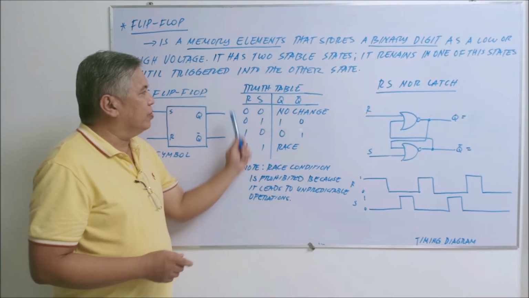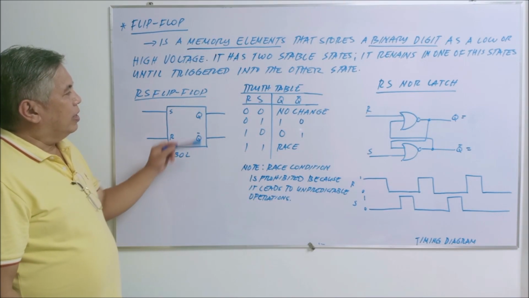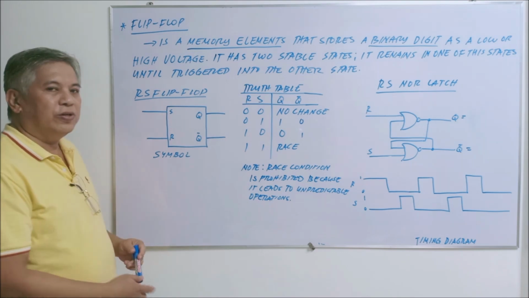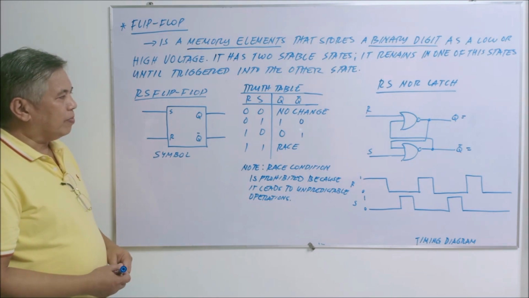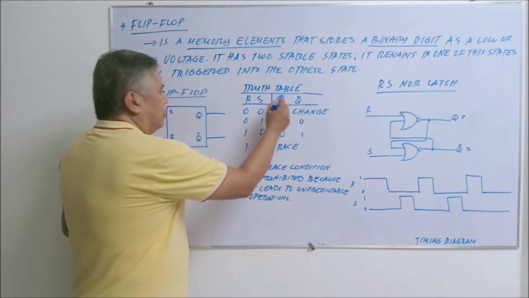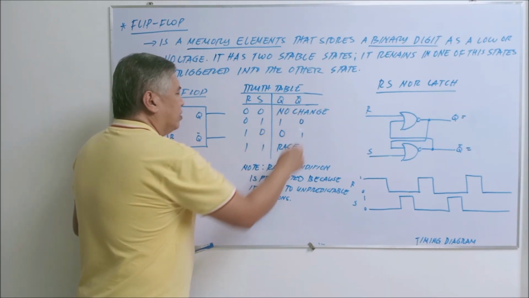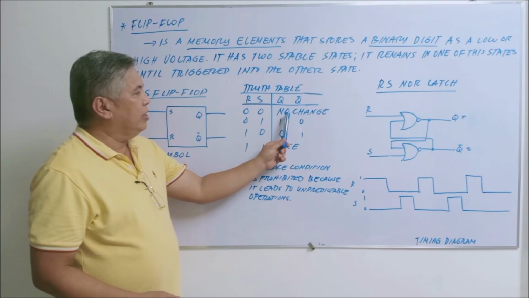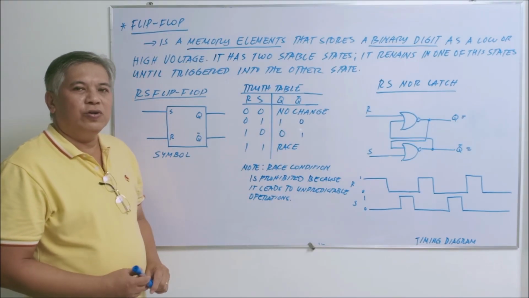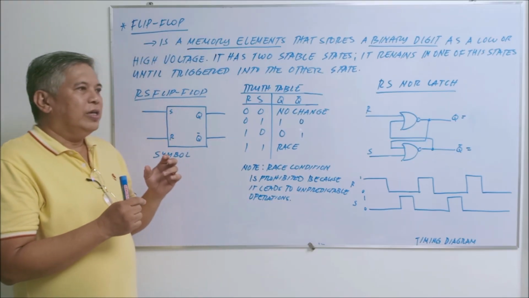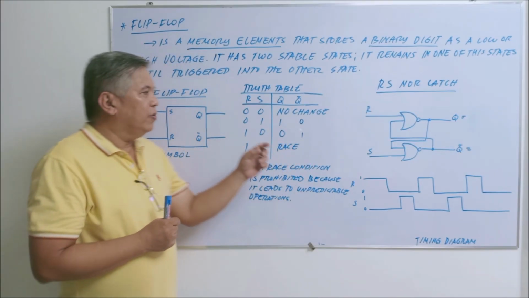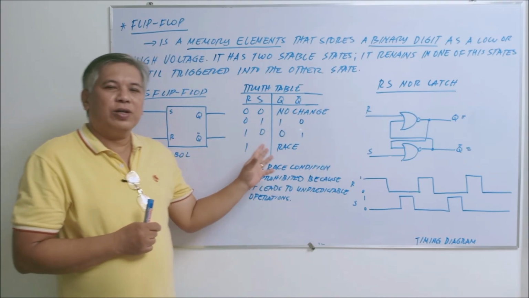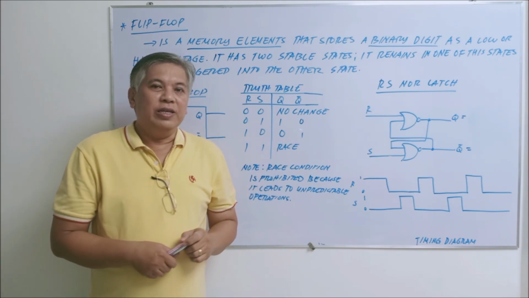So, this is our truth table here for the RS flip-flop. And we have two inputs again, represented by R and S. So, these are the combination of values of your input R and S. Now, this is our output Q and Q bar. So, if both inputs R and S are 0, then the output of your Q is a no change condition. Meaning to say, if the previous output is 0, and when you put an input 0, 0 in your input part, which is the value of your RS, then the output remains 0.